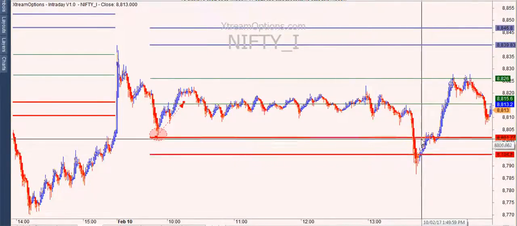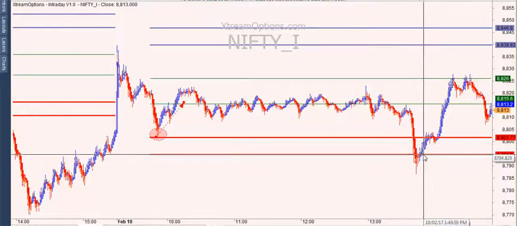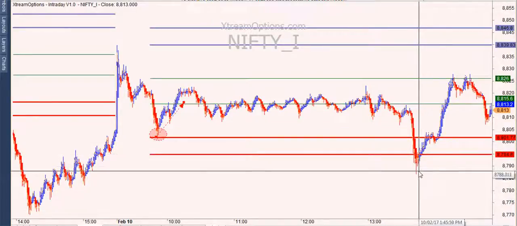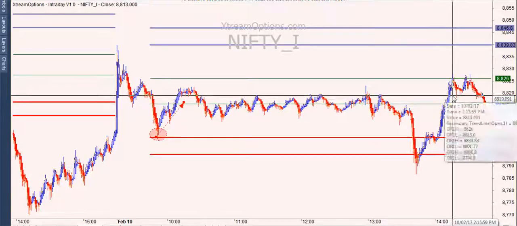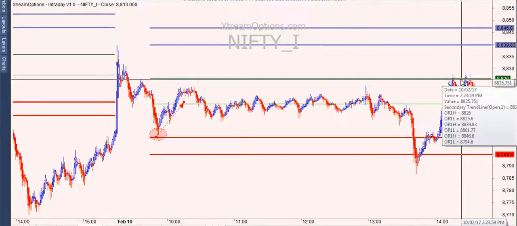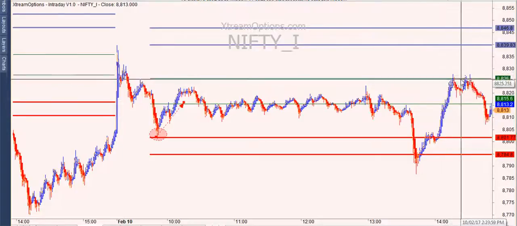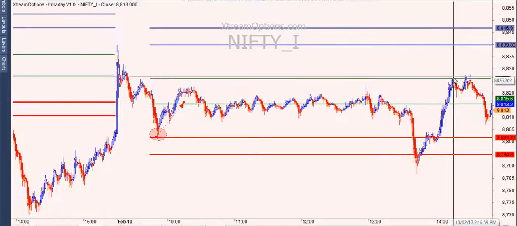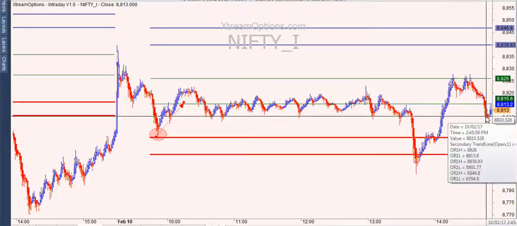Later in the day, it not only hit the first support line but it hit the second support line as well, rotated back to the first neutral line and then the second neutral line, took resistance at this neutral line and then came back down.